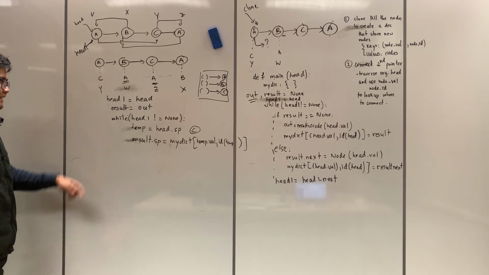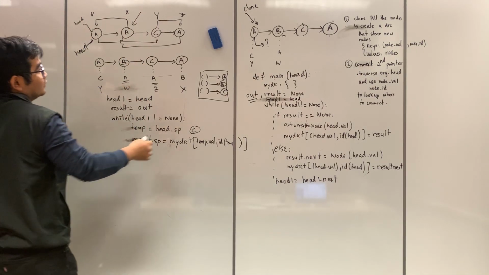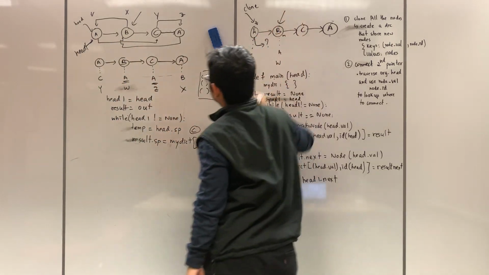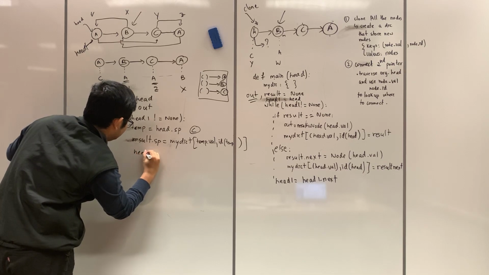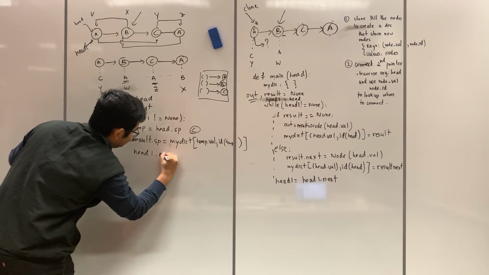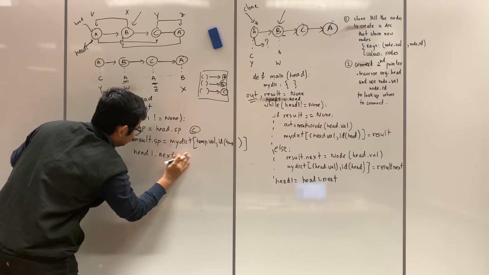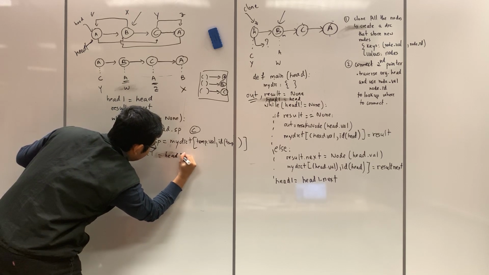And then we need to move our pointer to B, and also move the other pointer to B as well. So in order to do that, head1 is equal to head1.next.